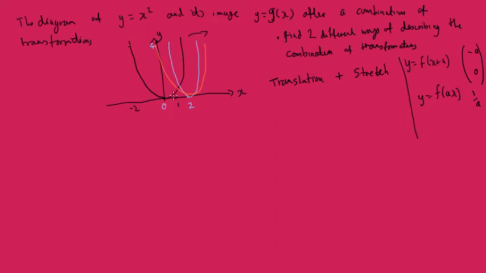Then if we did a stretch by a half, so the x coordinate is now going to go by a half. 2 would come to 1. It's not going to look the same. The minimum is going to end up on the 1. So it can't be a translation where it's moved by 2. So let's get rid of the orange.